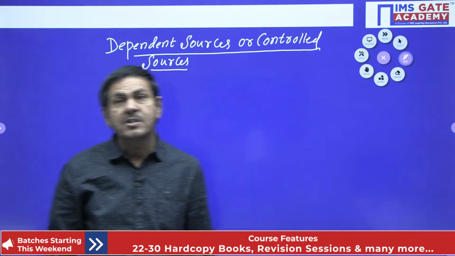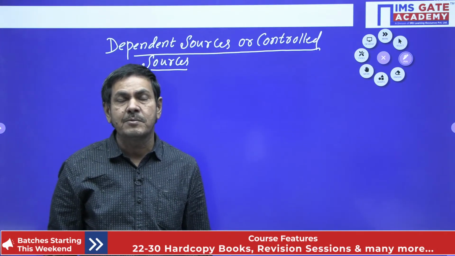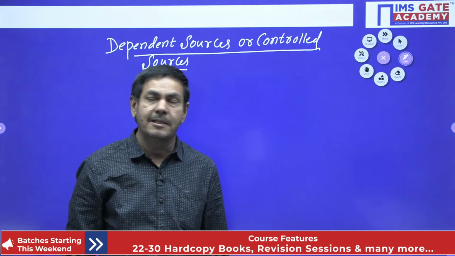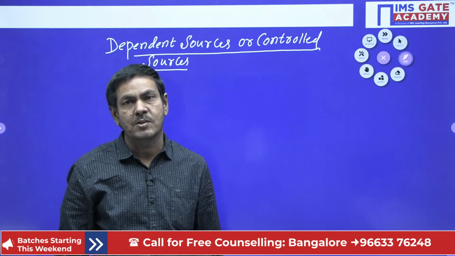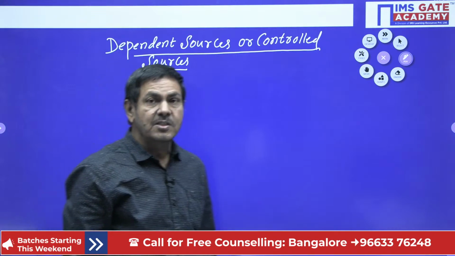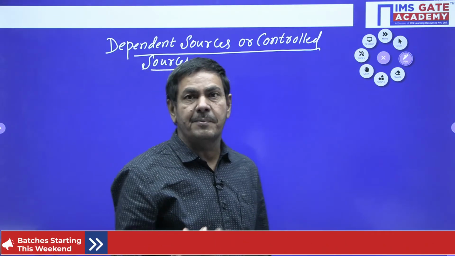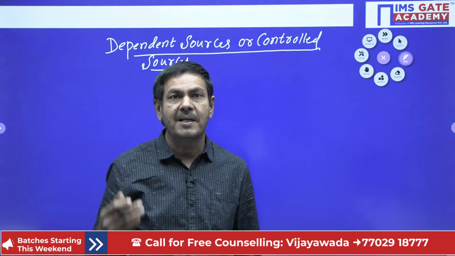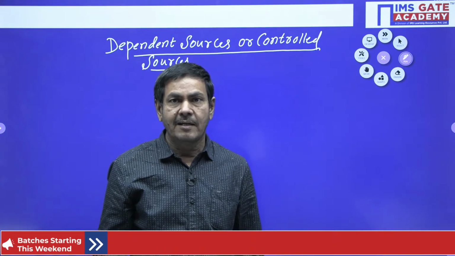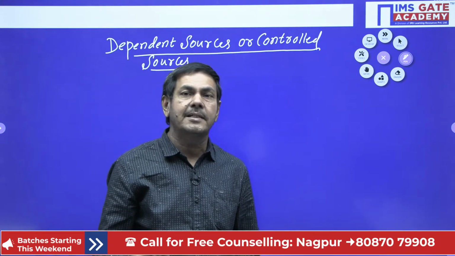A dependent source may be a current source or a voltage source. Dependent voltage source and dependent current source are both possible. That voltage depends upon the current passing through some other element, and the voltage will be given in terms of that current.